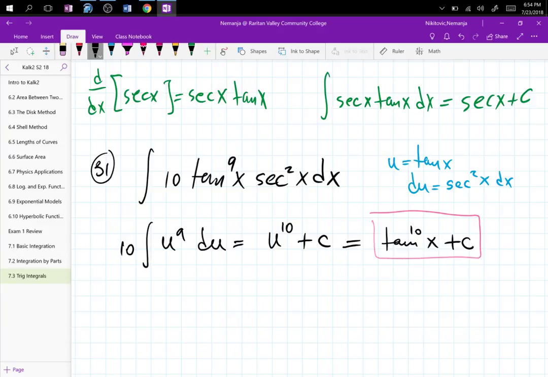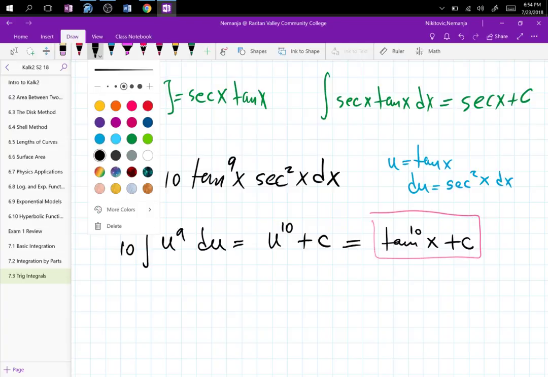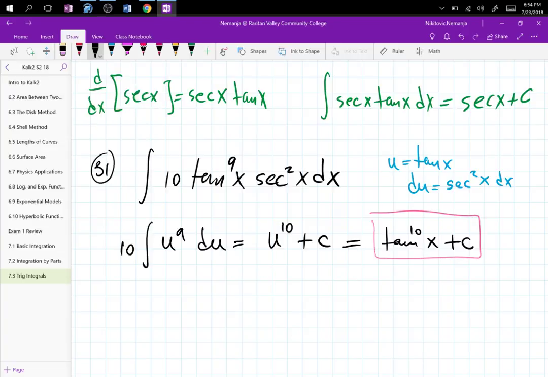Well, let's see a different type of problem. So we had secant squared given to us. What do you do when secant squared is secant to the 4th, or secant to the 6th, or secant to the 8th, right? What do you do with those?